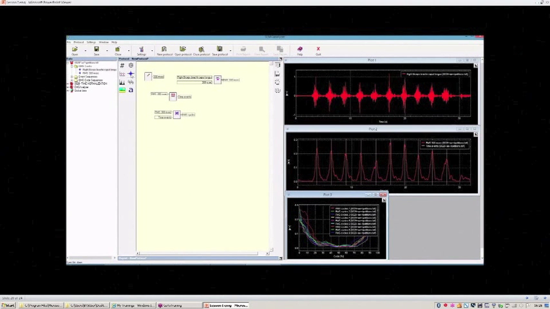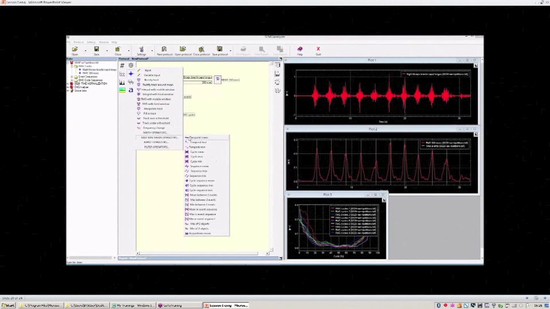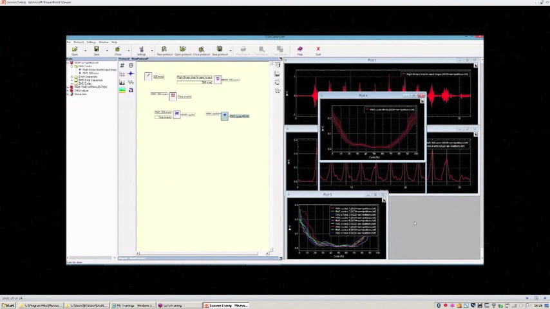And now we can also compute the mean cycles. So we can select cycle sequence mean. And the inputs, in this case, are all the normalized, all the different cycles.